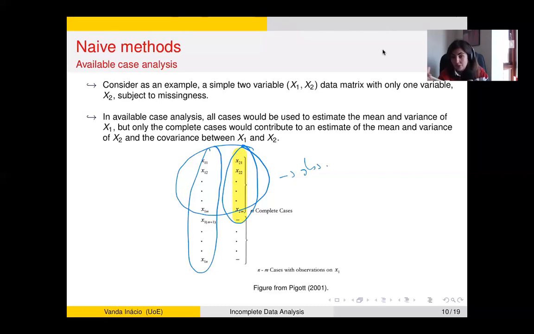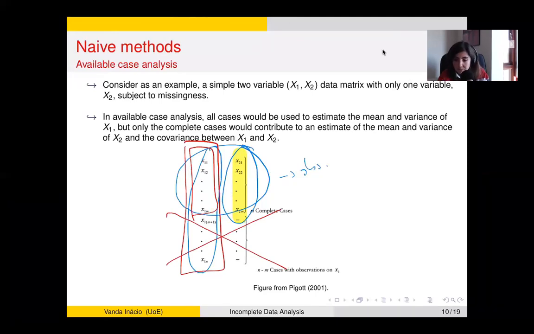This is by opposition to a complete case analysis approach, which says that these are eliminated. So when computing the mean of x1, only the first m individuals contribute, whereas in an available case analysis, all individuals contribute to the computation of the mean and of the variance.